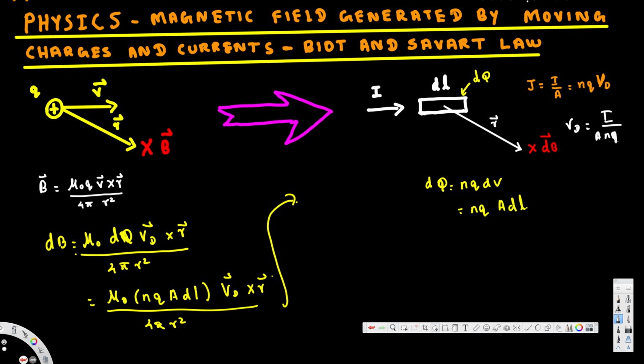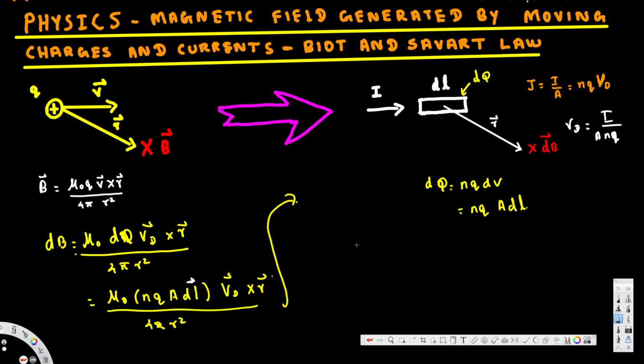So that's the one I'm going to replace. But when I replace, I'm going to cross dl with r, because the direction of dl and vd is going to be the same, right? The direction of this one and this one is the same, so we can cross dl and r, right? Now let's continue here.